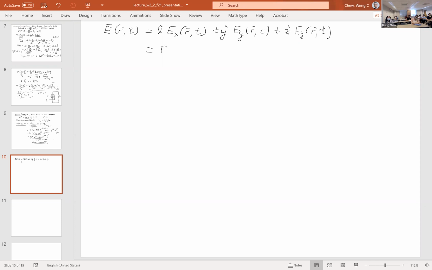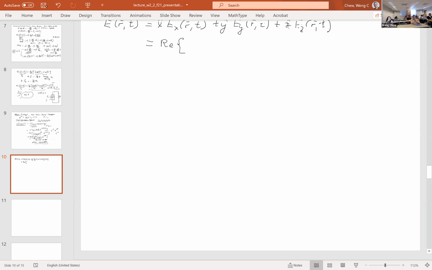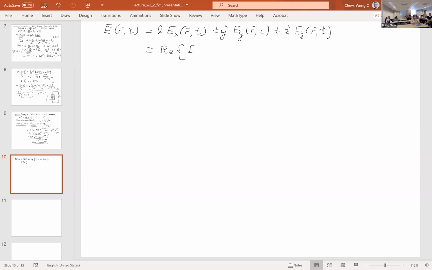Okay, and if they are really sinusoidal signals, I can always use the phasor technique and write them as the real part of a complex vector, like Ex, a complex number which is only a function of position, e to the j omega t.